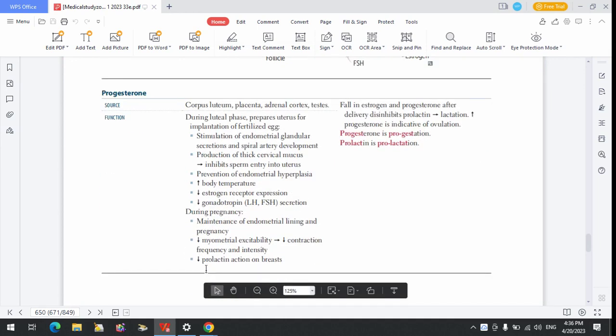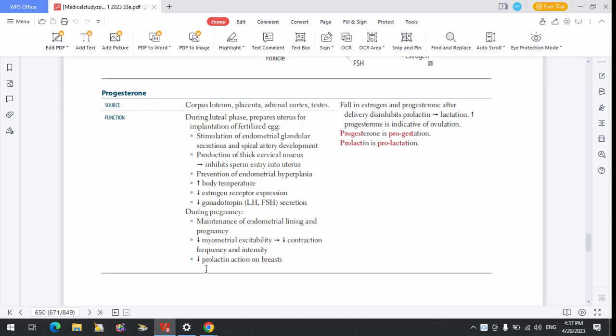It maintains the endometrial lining when the person is pregnant, so that is why if you give that person anti-progesterone, you lose that pregnancy. It inhibits myometrial excitability so that you can reduce the strength of contraction. And if there's a preterm contraction, you can give the person a progesterone-containing drug to calm that uterine contraction.